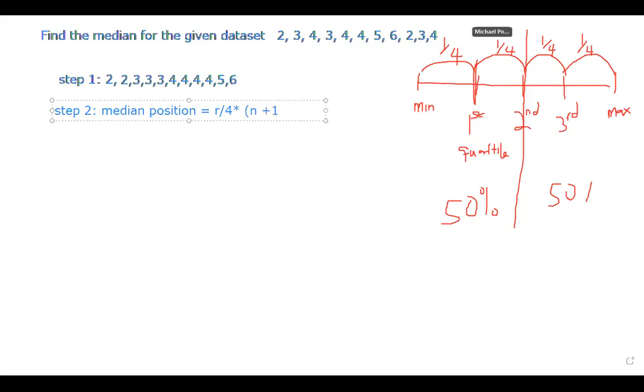Okay, good. So R is 2 because we are dealing with the second quartile. So 2/4 times N, where N is the number of data sets or observations. So we have 1, 2, 3, 4, 5, 6, 7, 8, 9, 10, 11.